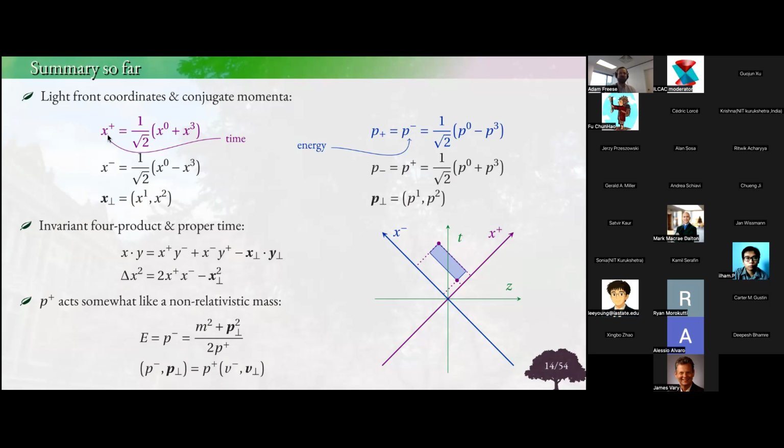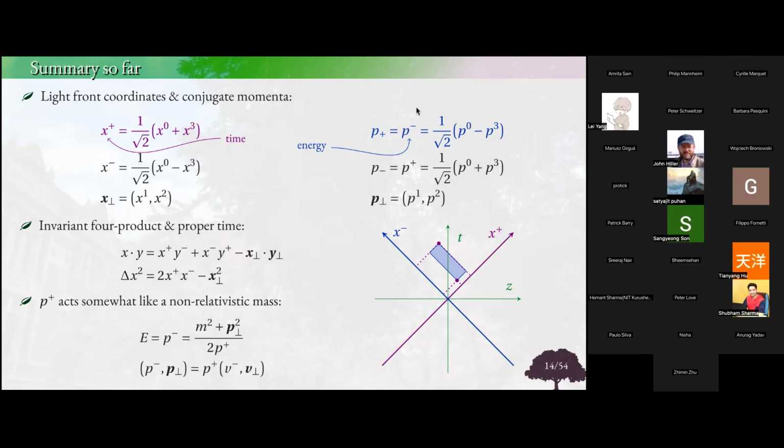We choose for x plus to be time. This is also a convention. You could, in principle, use x minus as time instead. It's equally valid, but most people use x plus. And because x plus is chosen to be time, that means p minus, p with an upper minus, is energy, since that's the conjugate variable.